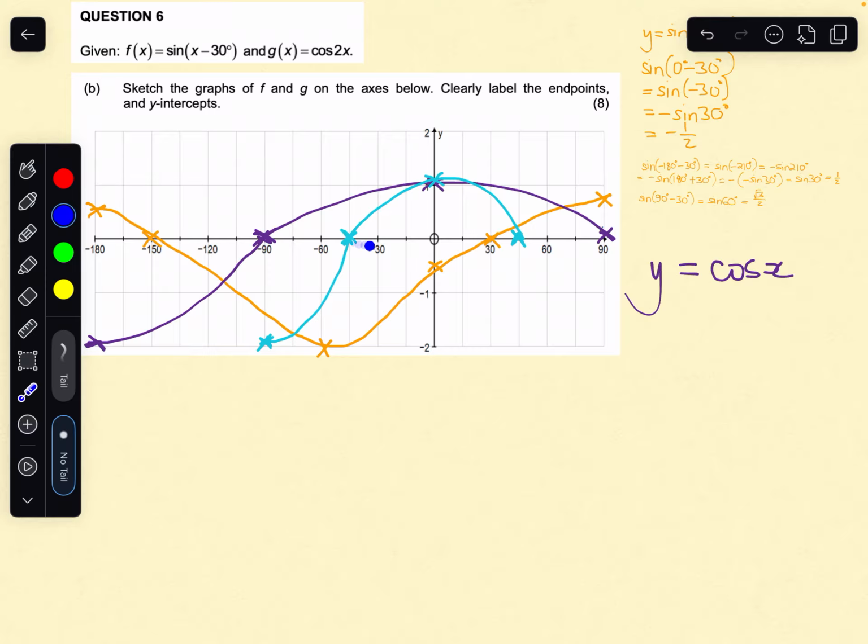From here to here is 45 degrees, from here to here is 45 degrees, from here to here is another 45 degrees. So I'm going to have another x-intercept at minus 135, and then I'm going to have the next eventful thing happen at minus 180. That's going to be my next peak. And then likewise on the right hand side, my curve is going to hit a low at 90.